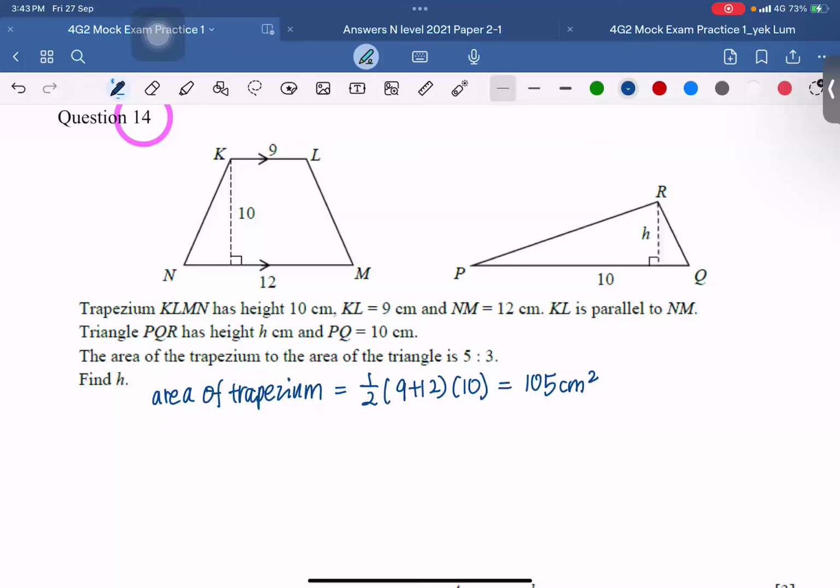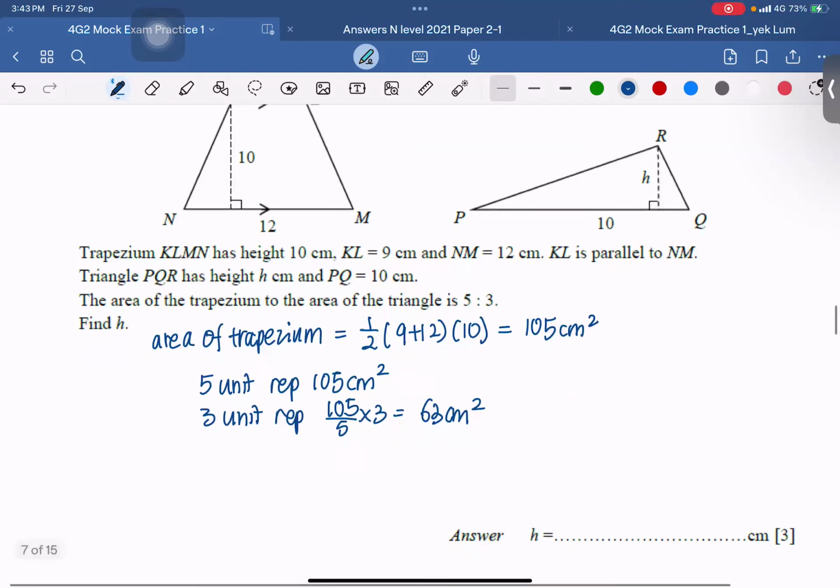Then they say the next part, the height, I do not know, is just a letter H. And the area of the trapezium to the area of the triangle is 5 to 3. So I know 5 units represent 105 cm squared. I'm going to find 3 units to find the area of my triangle. I work out that will be 105 divided by 5 times 3, 63 cm squared. Then I take the area of the triangle.